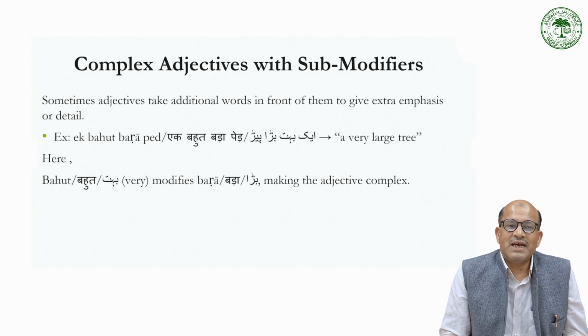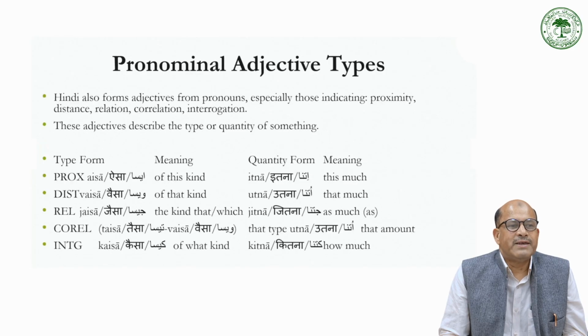Sometimes adjectives take additional words in front of them to give extra emphasis or detail. एक बहुत बड़ा पेड़, a very large tree. So बहुत modifies बड़ा, making the adjective complex. So this is how complex adjectives are used with some modifier.